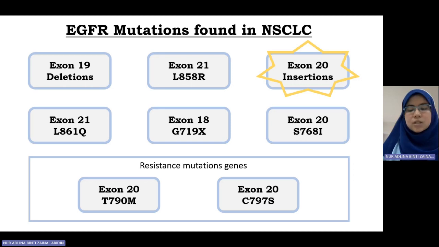The other 10% consists of the uncommon EGFR mutations, which are known as exon 20 insertions, exon 21 L861Q, exon 18 G719X, and exon 20 S768I. Resistance to treatments among patients diagnosed with EGFR mutations is mostly due to the emergence of secondary mutations like exon 20 T790M and exon 20 C797S.